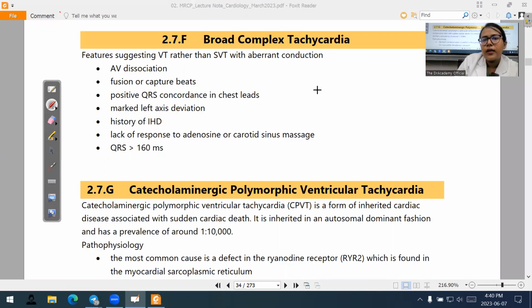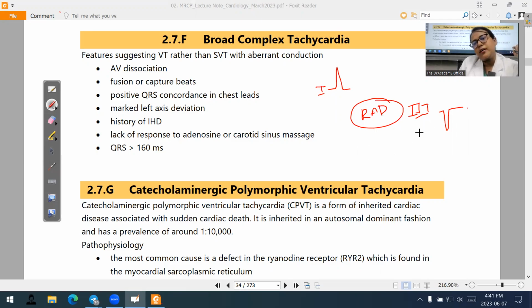In general, look at lead 1 and lead 3. If they are in a kissing pattern, like the QRS complex in lead 1 is going upwards and in lead 3 the QRS complex is going downwards, that usually means right axis deviation. You can also check AVF as well. Sometimes lead 3 can be a little inconclusive, so look at the AVF lead as well.